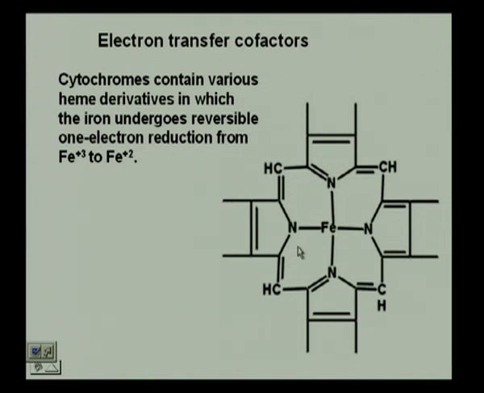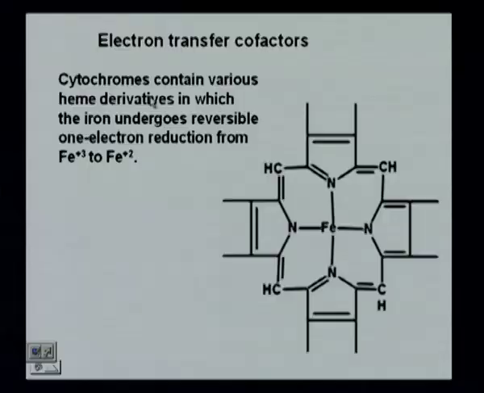So, now that we know some of the electron transfer cofactors, the cytochromes, they contain various heme derivatives. We studied heme when we did hemoglobin and myoglobin. This heme also coordinates an iron in the protoporphyrin 9 system. Similarly, cytochromes contain various heme derivatives which actually differ in their substituents in the rings, okay, which makes them different from the heme that is probably in hemoglobin or myoglobin.